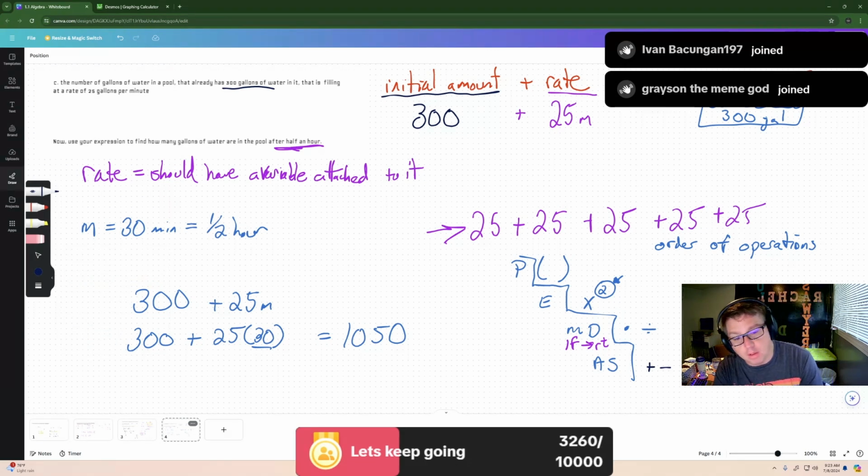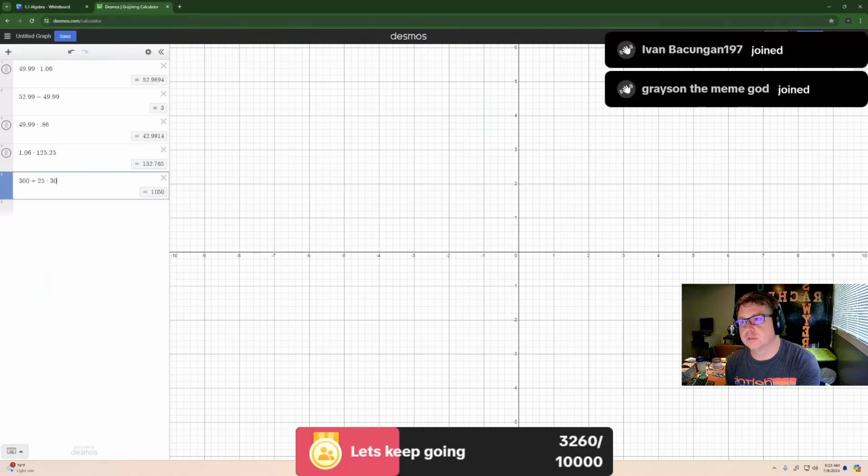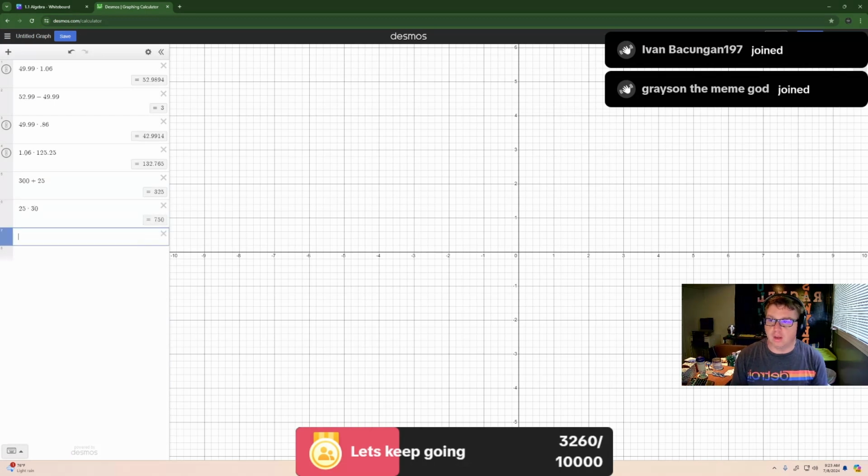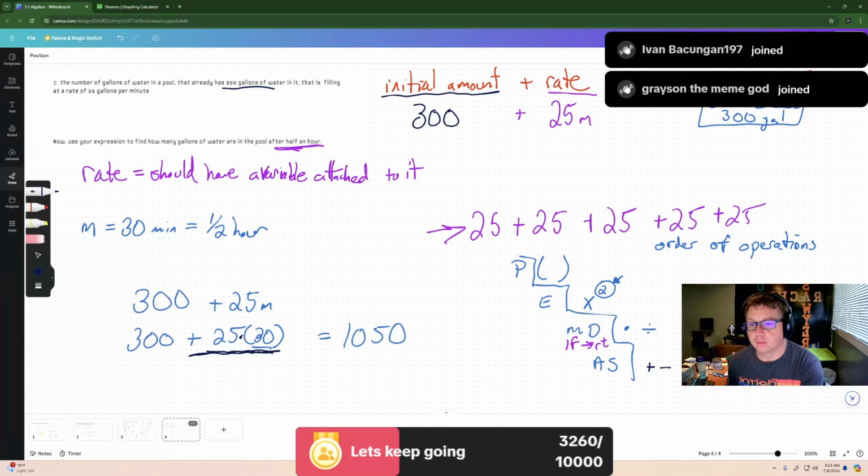Now, when I said, does Desmos know this? I don't know, but let's double check. So let's do 25 times 30 because multiplication comes before addition. Because we have a multiplication here and then we have an addition here. So we don't want to do 300 plus 25, then times it by 30. We have to do this 25 times 30 first. So 25 times 30, and we're going to get 750. So this is going to give us 750 plus 300.